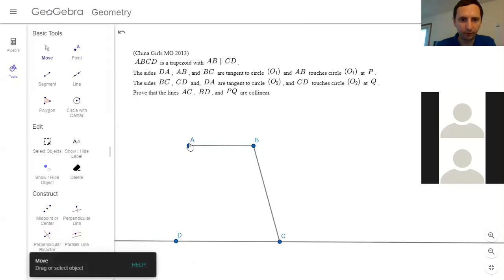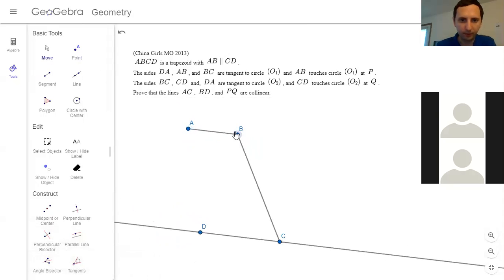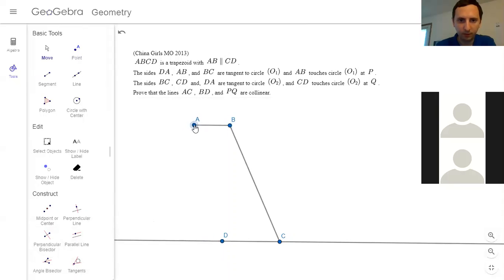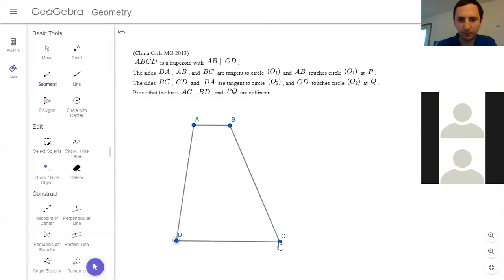Maybe even taller, just to make the problem easier. So we have a trapezoid, and BA, AB, and BC.